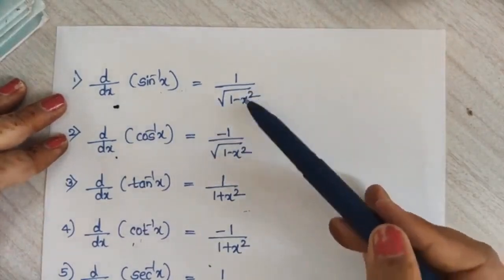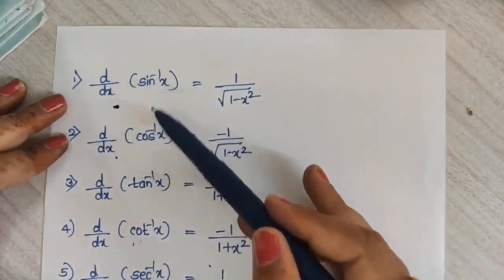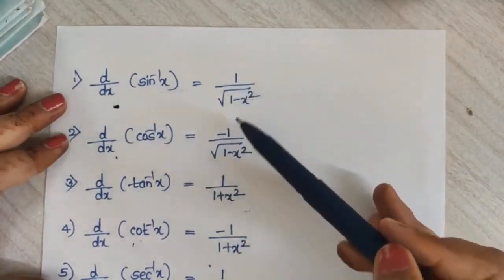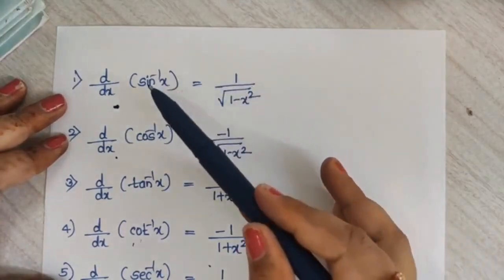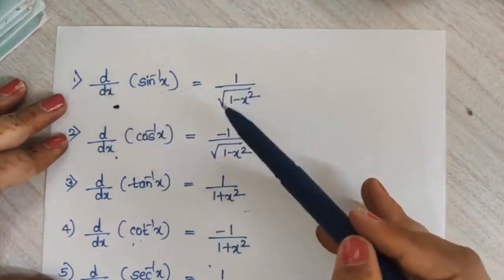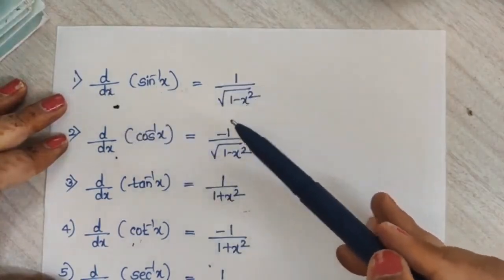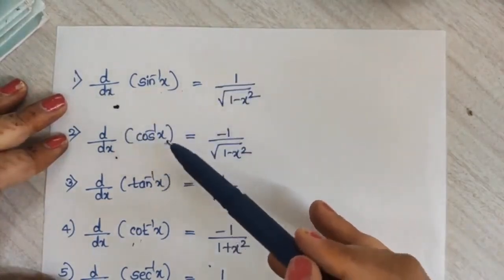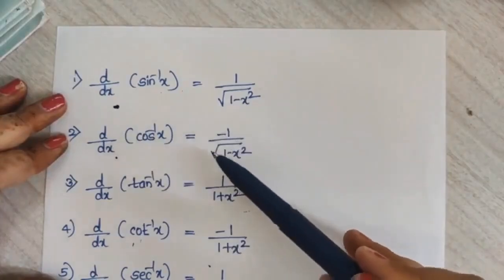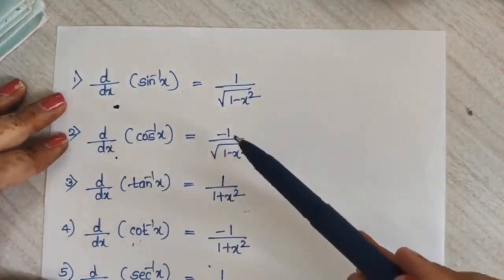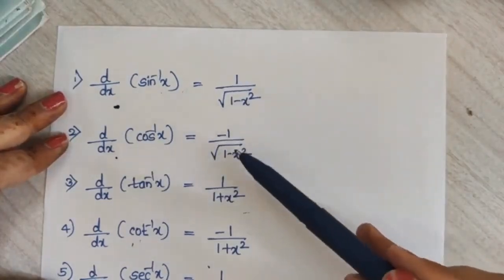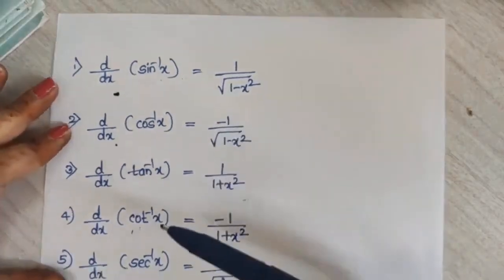So when you see these two formulas, derivative of sine inverse and cos inverse, there is only a change of minus. Sine inverse x differentiation is 1 divided by root of 1 minus x square, and differentiation of cos inverse x is minus 1 divided by root of 1 minus x square. So very easy to remember, only the change of minus we have.